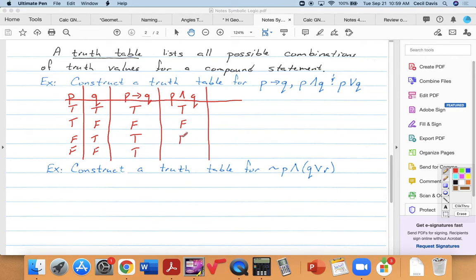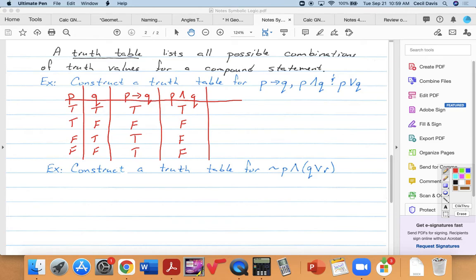False. It's an and. They both have to be true for this one. And P is false and Q is false. It's false. They don't have to be the same. They both have to be true.